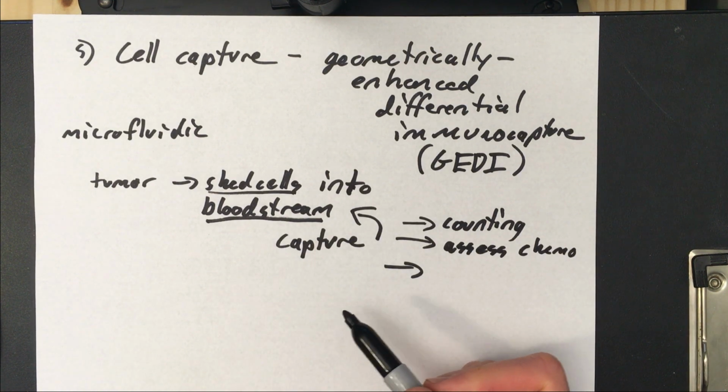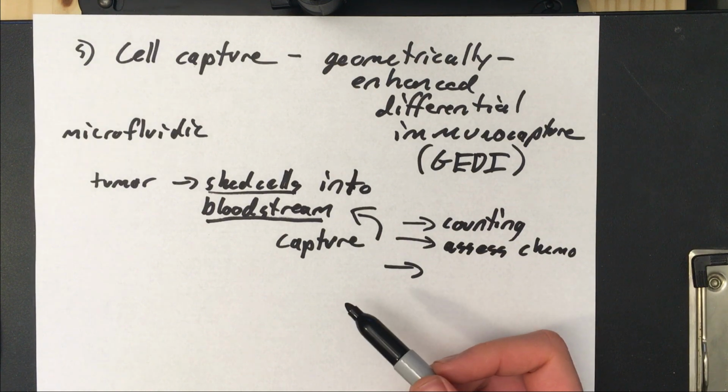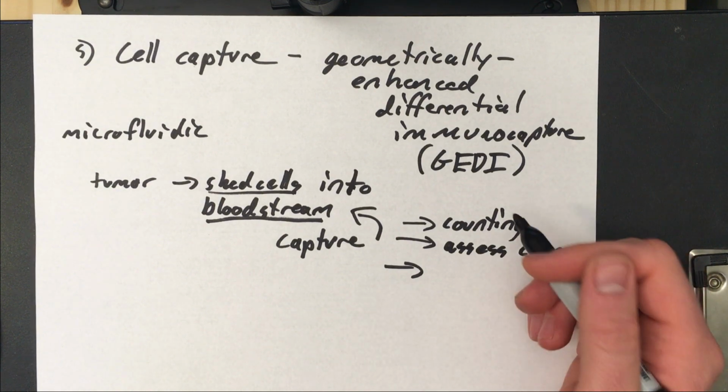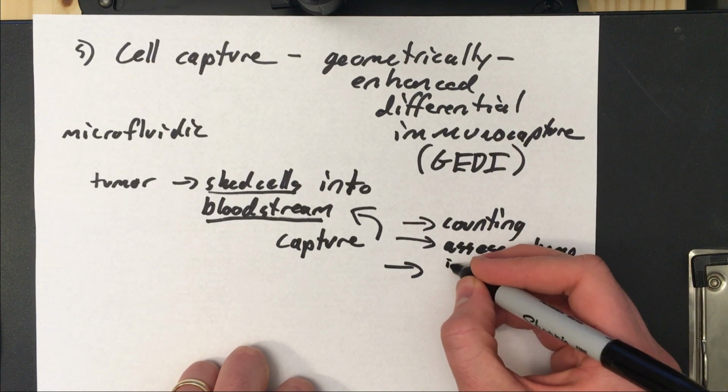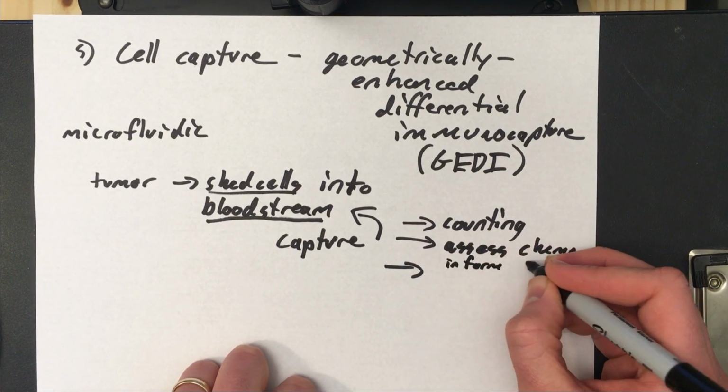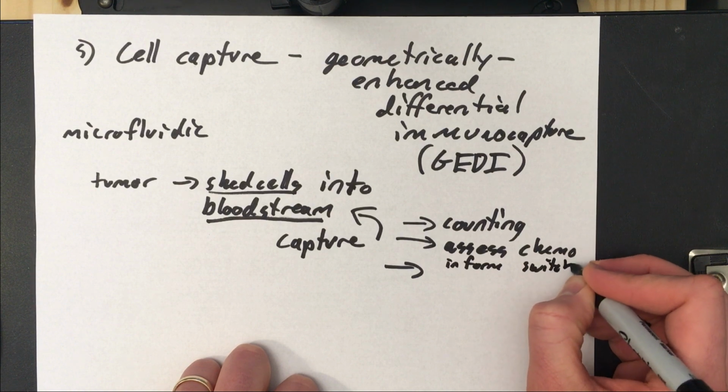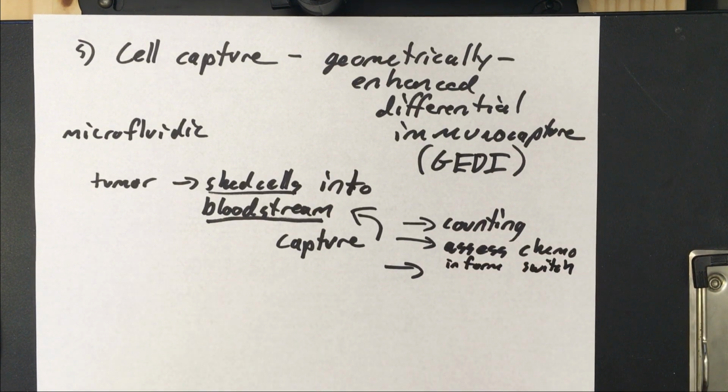Has the cancer evolved some sort of resistance to whatever type of chemotherapy you're using? And that could inform a switch, whether you'd want to switch to a different type of chemotherapy.